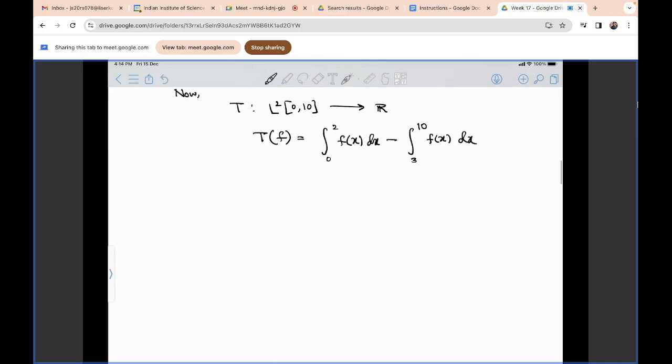So we will use the Riesz representation theorem to calculate this. So what is the Riesz representation theorem?